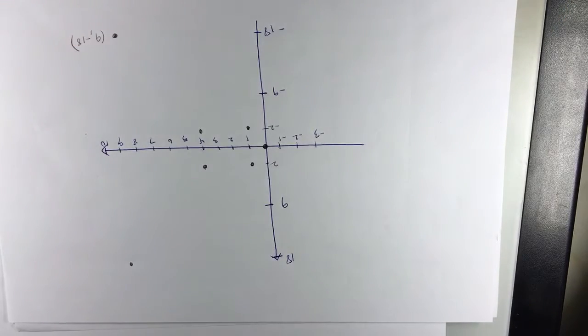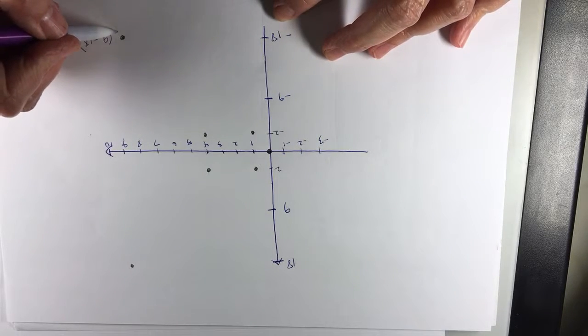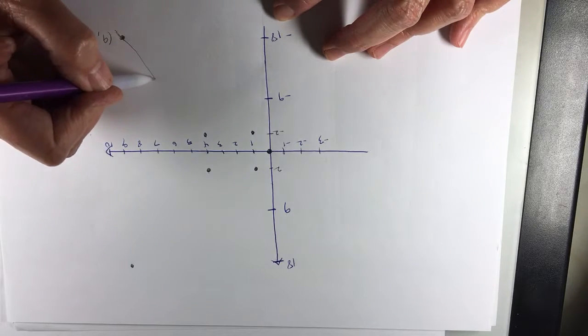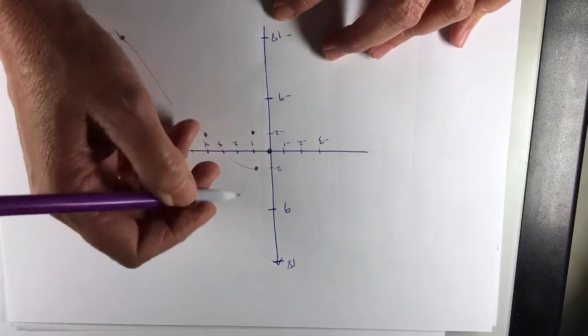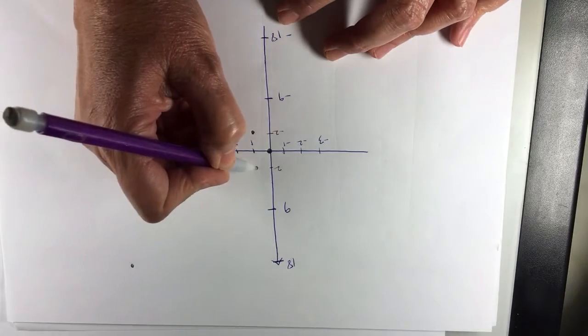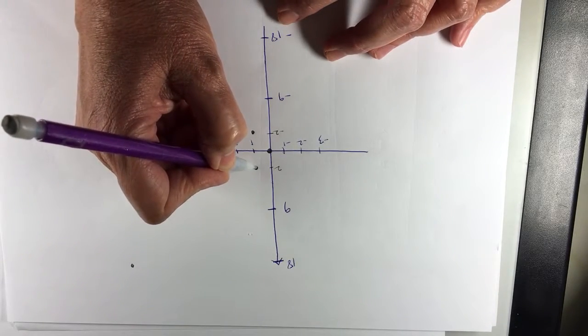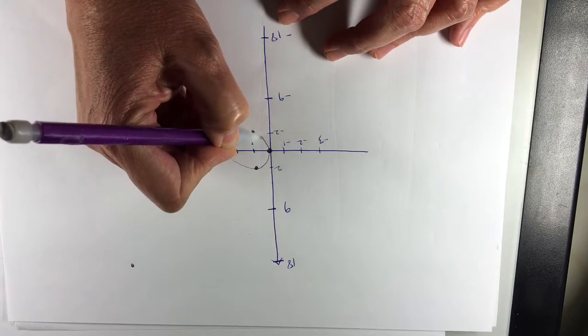So you've got to remember the t values and trace them according to how t goes, which would be from the bottom here, pass through 4, -2. I don't know if that's the highest point, but then it comes back around.